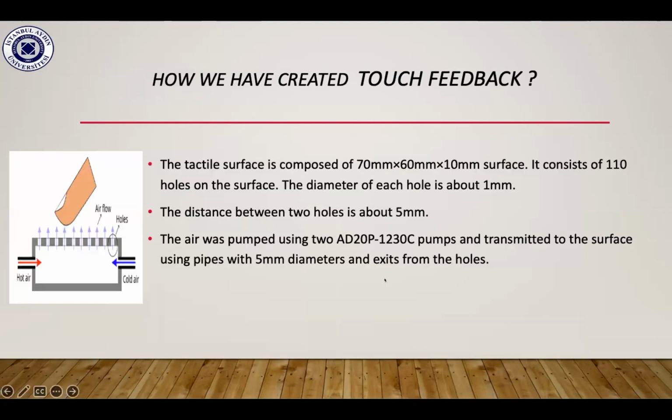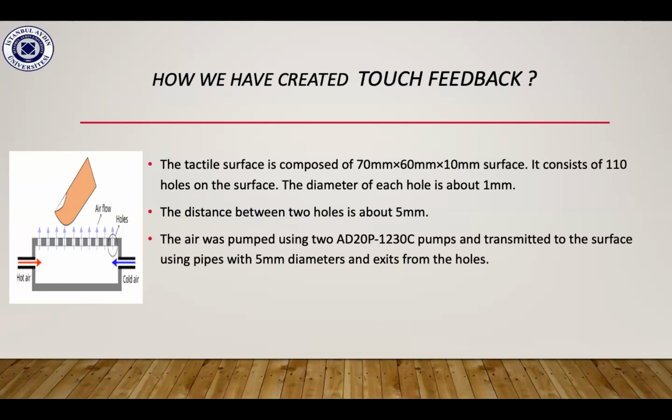Yes. Now, how we have created the touch feedback. The tactile surface is 70 millimeters by 60 millimeters by 10 millimeters. It consists of 110 holes on the surface, here in my surface that I have showed you.